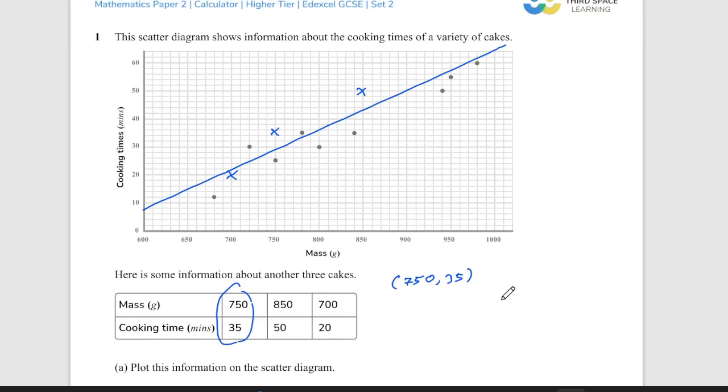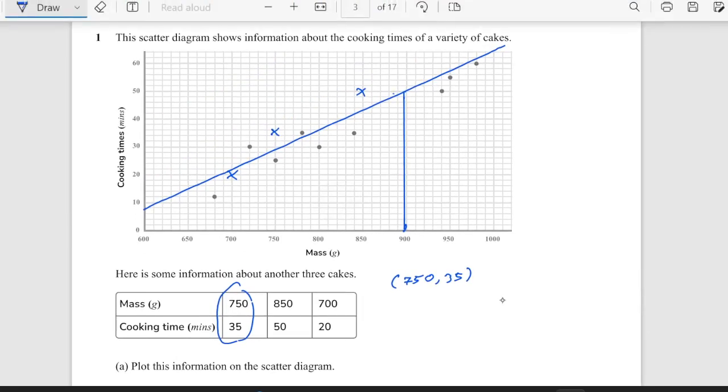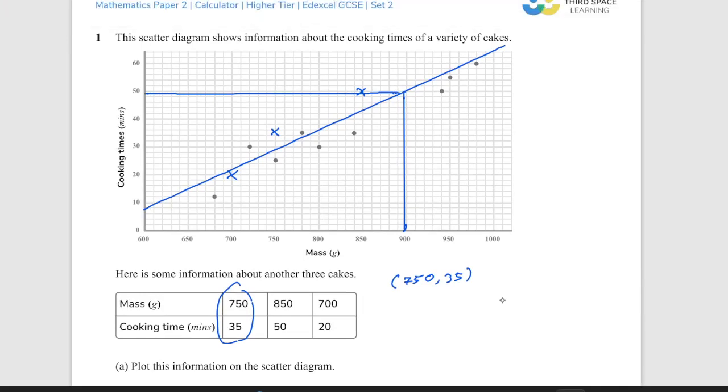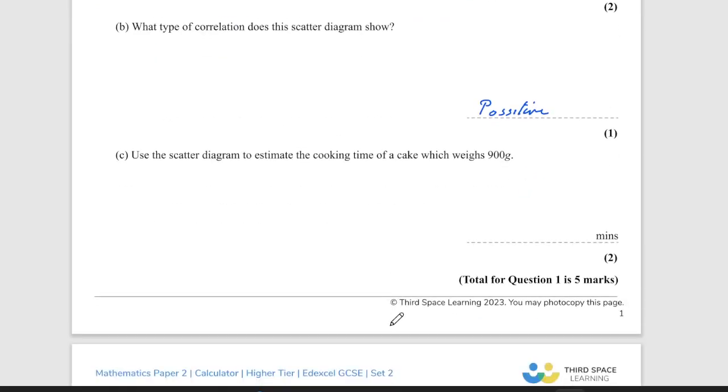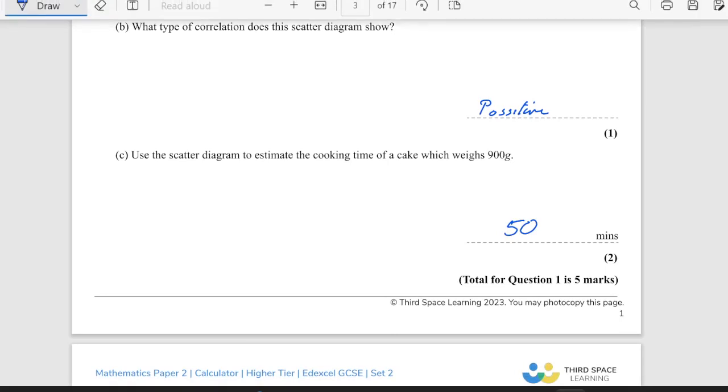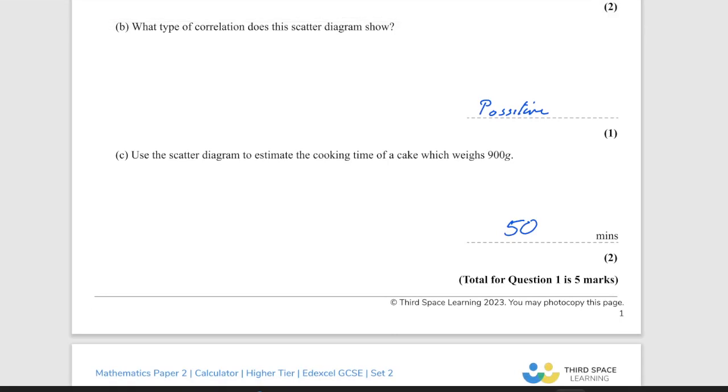I'm going to go up to my graph, and then from there, I read across. So I'm looking at a cooking time of roughly 50. You might have a slightly different value based on your line of best fit, so if you're out by a couple, that's absolutely fine.